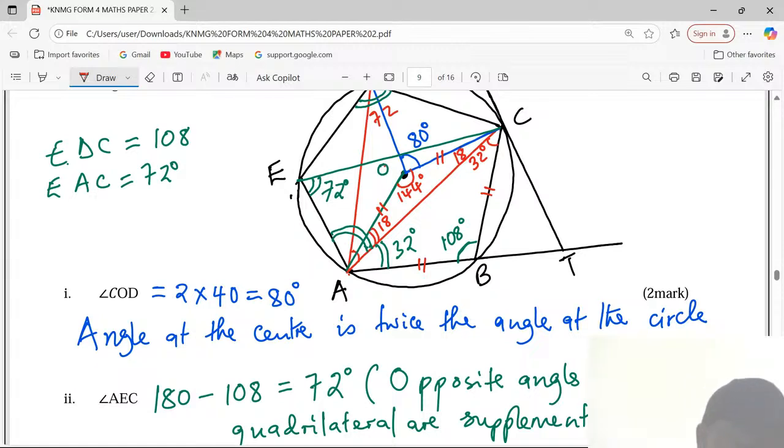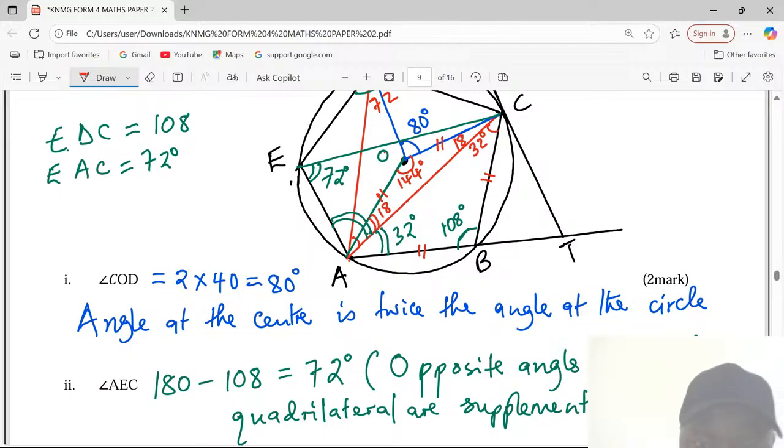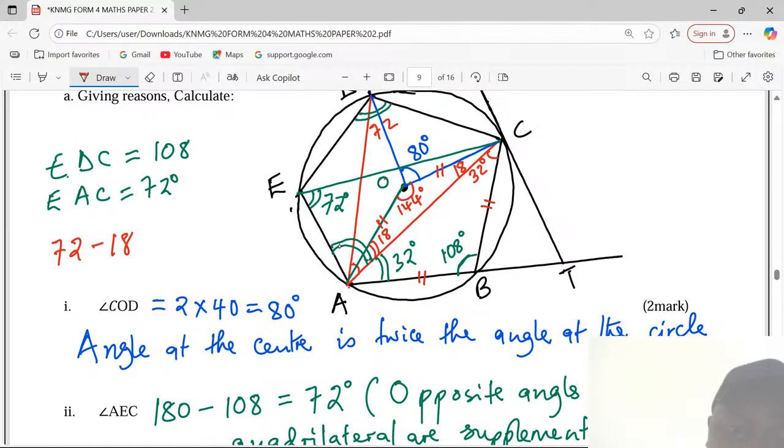So with 18 and 18, can we all agree that the whole of CAE, or EAC, is 72? We take 72 and subtract 18, because the whole of this is 72, but the smaller angle here is 18.